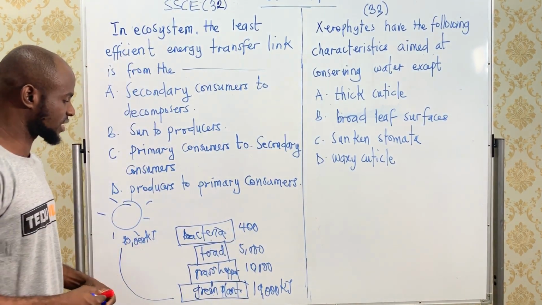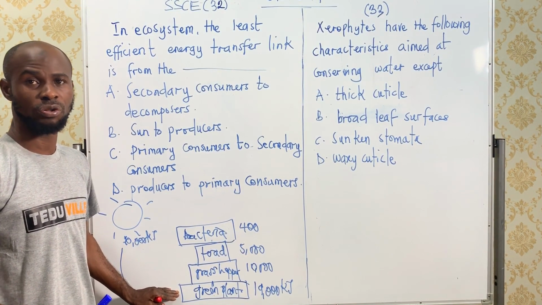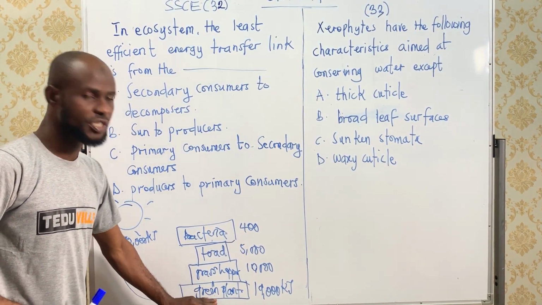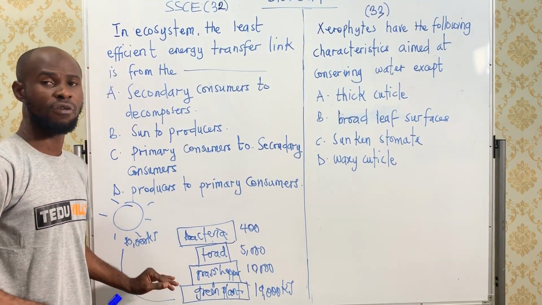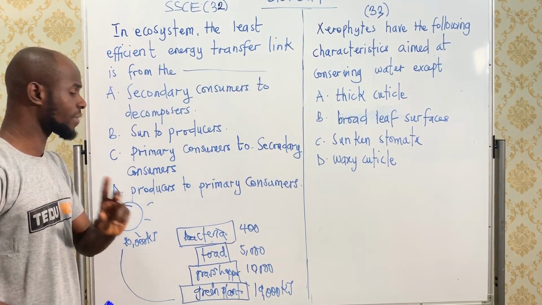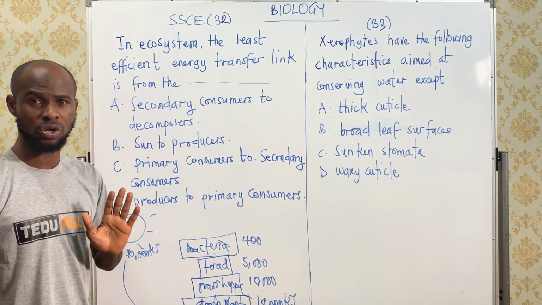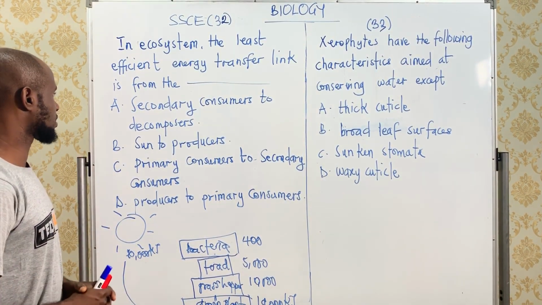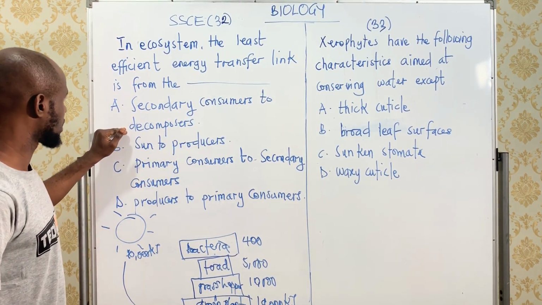It is telling us that as we move from one feeding level, which is called the trophic level, to another, the energy is reduced. And that says that no transfer of energy from one form to another is 100% efficient. If I may ask you, how is the energy lost here? Energy is lost as heat. So, let's look at the answer. Secondary consumers to decomposers.